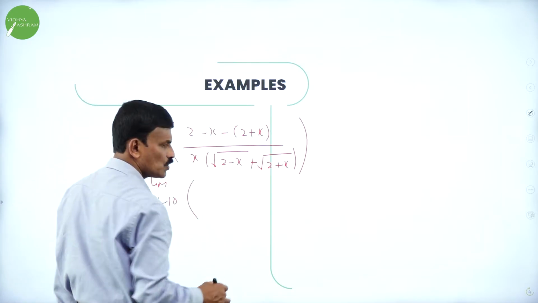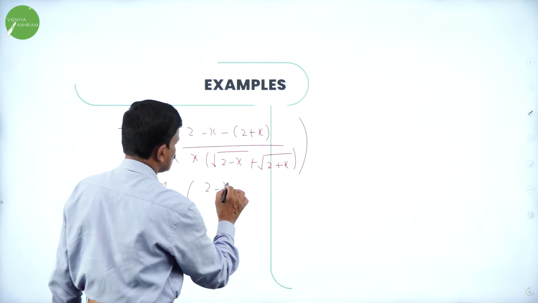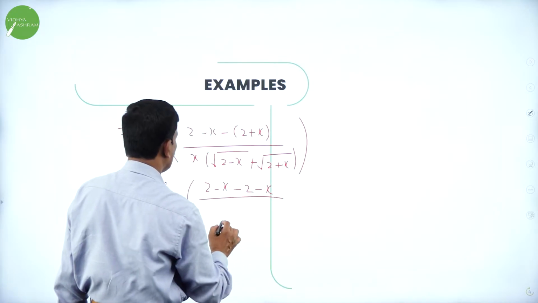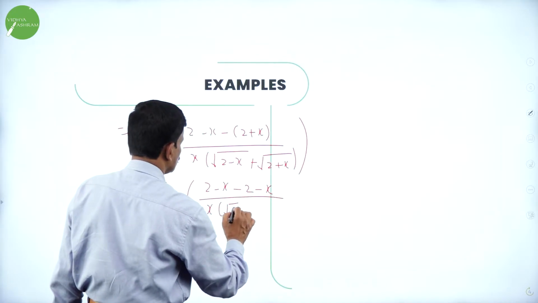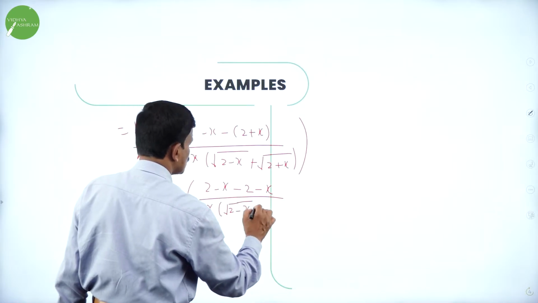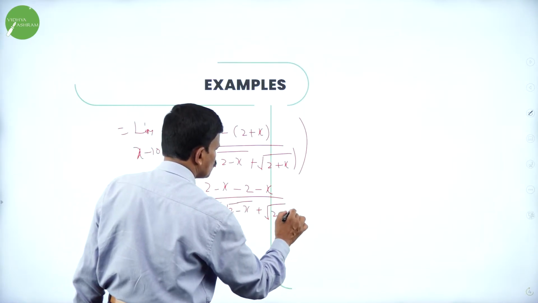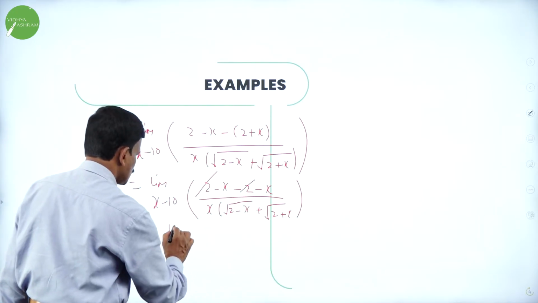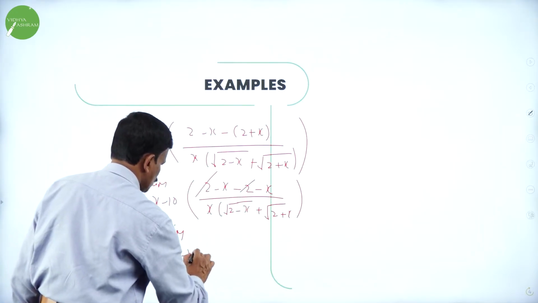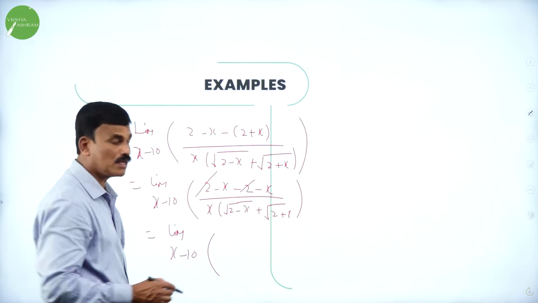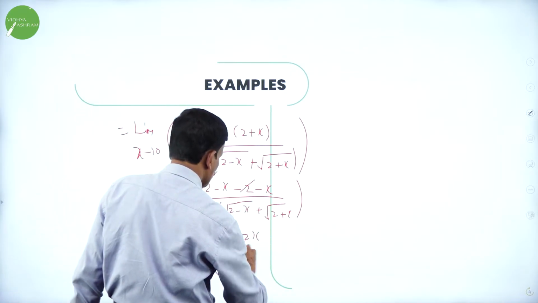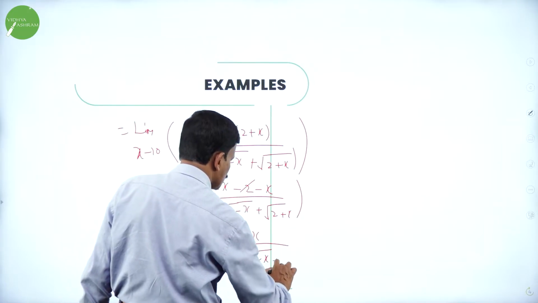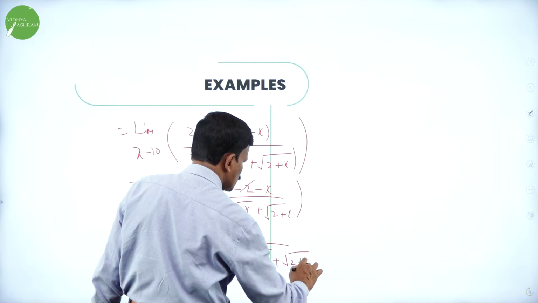Limit x tends to 0 of 2 minus x as it is, multiply by the negative sign, minus 2 minus x divided by x into root of 2 minus x plus root of 2 plus x. So, here plus 2 minus 2 gets cancelled. What is left over is limit x tends to 0 of the remaining terms, minus x minus x is minus 2x, divided by the denominator, which is the same, x into root of 2 minus x plus root of 2 plus x.